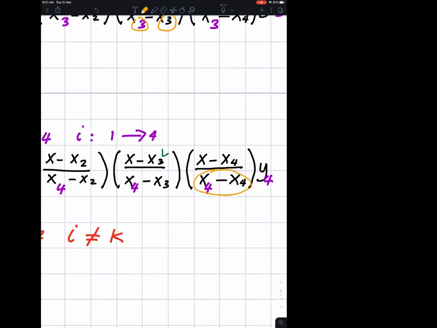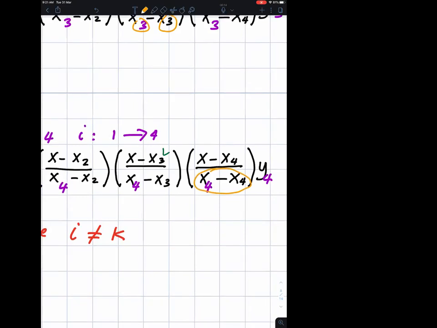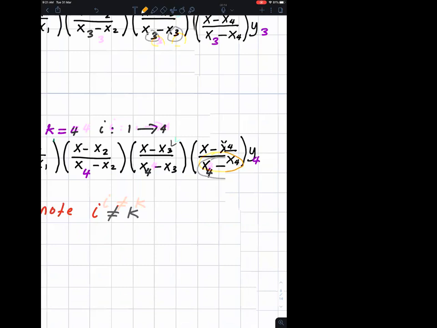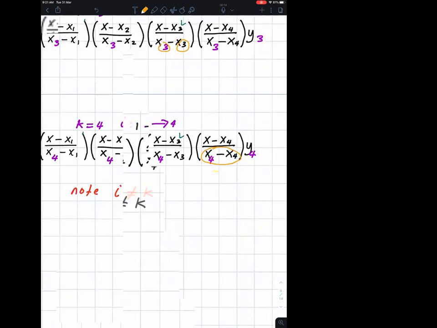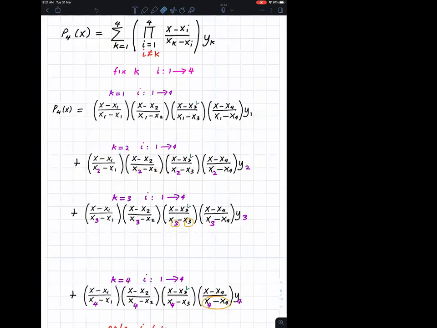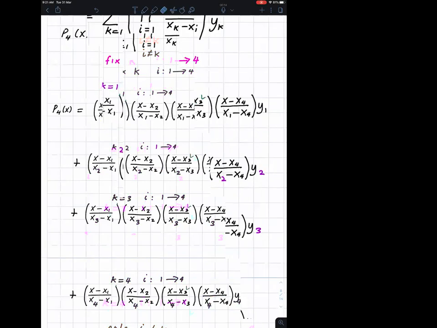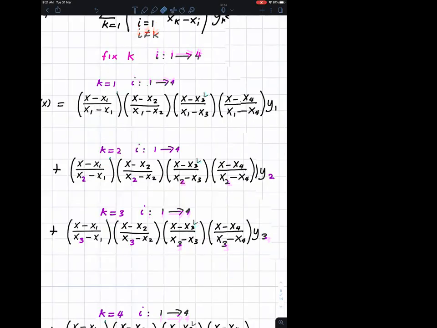You're going to get division by 0. So this is not the solution, this is part of the solution. This is a term that's multiplied with other terms. So when I is equal to K, you just drop it.